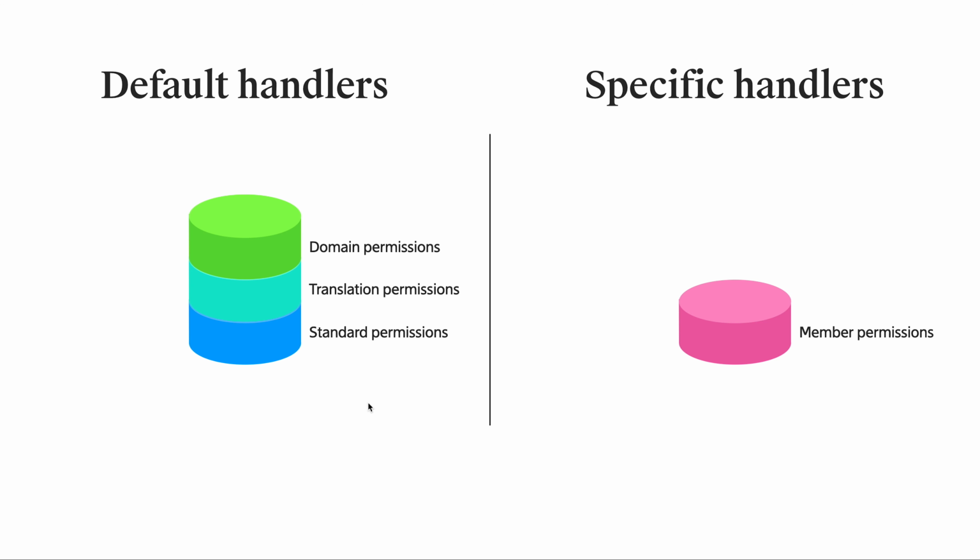So you add them to the default handler. And as you recall, the default handler gets fed into the member one. But the more you stack on top of that, all of this will get fed into the member one before the member one starts adding its specific stuff.